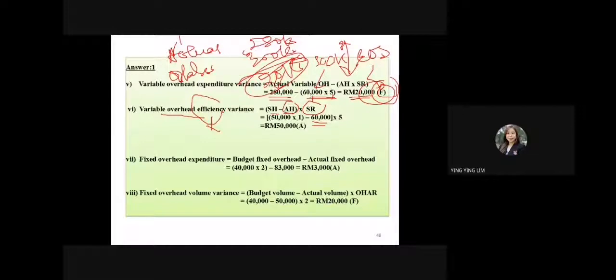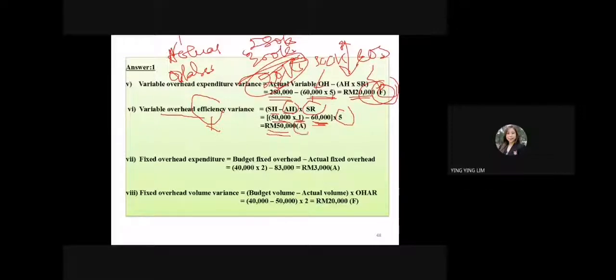So I have to compare apple with apple. This 60,000 is for 50,000 units. So therefore, 1 hour per unit, I need to multiply with 50,000 units, I get 50,000 minus 60,000, multiply with my OAR, the standard rate, which is 5 ringgit per hour. So I get RM 50K.